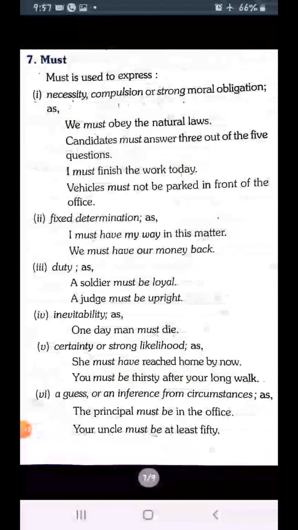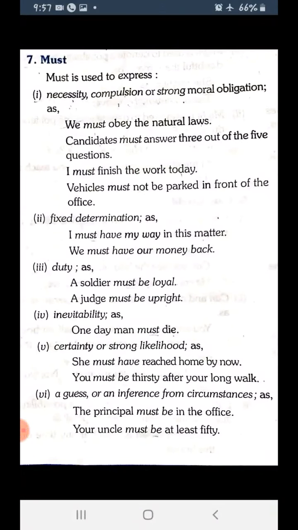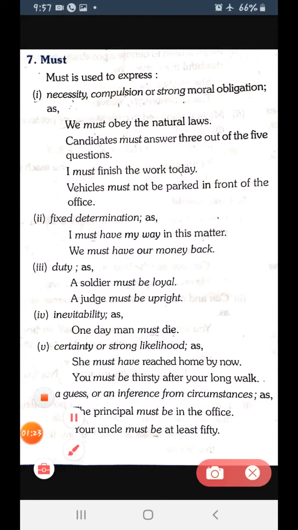Now the modal is must. Now see, when is must used? Must is used to express necessity, compulsion, or strong moral obligation. Fine?